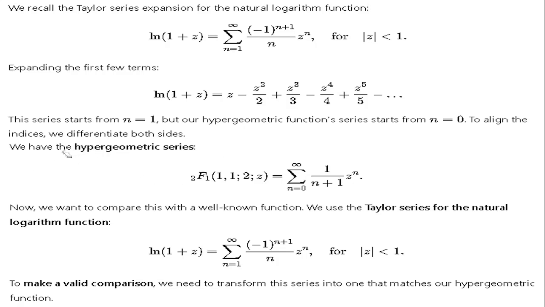We have the hypergeometric series starting from 0 and the logarithmic series starting from 1. So because of that, we must align it, and for us to align it, we have to differentiate. So let's see how we differentiate.